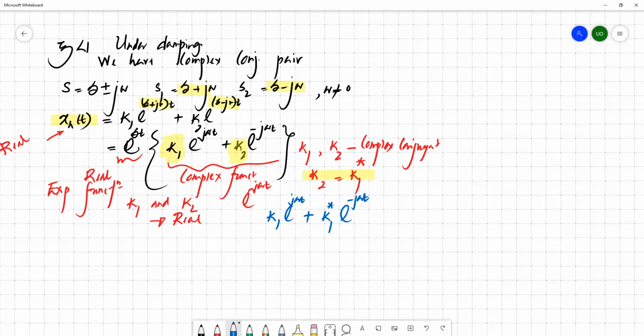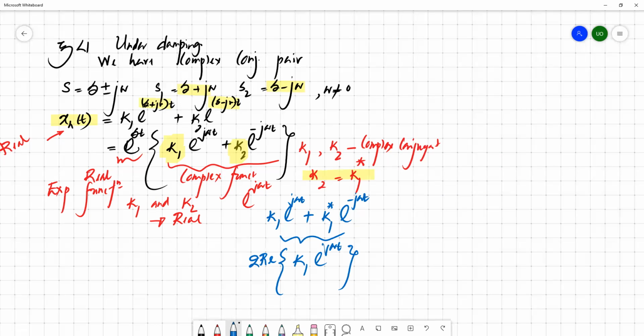By looking at this, you can simply claim that this equals 2 times the real part of k1 e to the power j omega t. We'll see that.